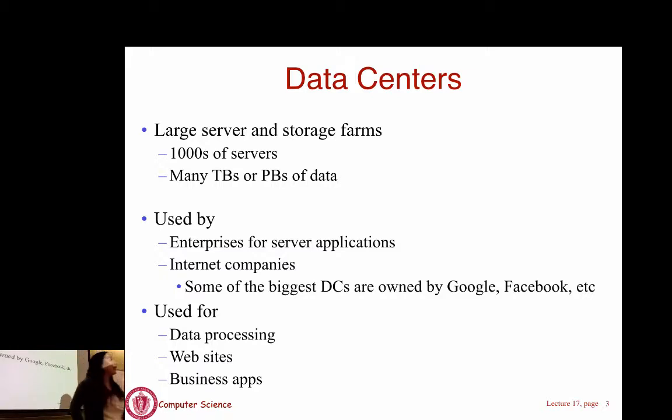In the back end, they will run data analysis tools to say, if I see this user buying this product, what is the chance that other people are also interested in the product, and what products are we going to get in stock so people can buy from us? This type of data processing usually runs in data centers because of the computing power the data center provides. And also, of course, websites and business apps require a lot of resources to run.